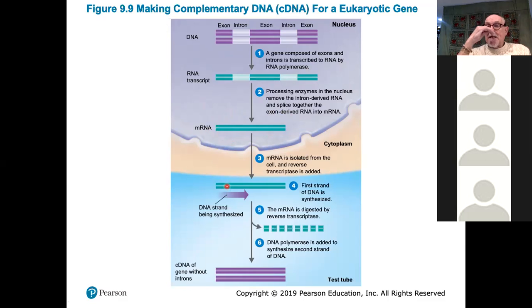Reverse transcriptase is actually the enzyme present in HIV, the human immunodeficiency virus, and it does something very strange. Instead of having DNA replication, we're now going to read the mRNA and produce a DNA strand. That's what reverse transcriptase does.